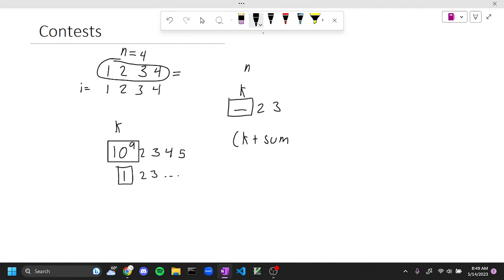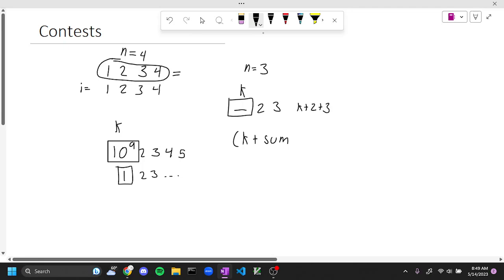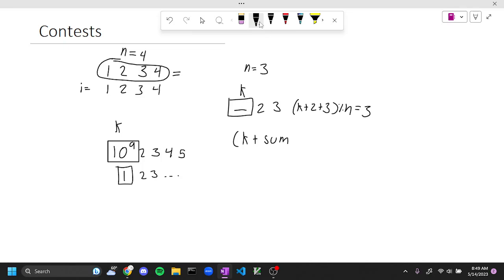For n equal to 3, we know the answer will be k, 2, 3, because 2 is divisible by index 2, 3 is divisible by index 3, and the sum k plus 2 plus 3 must be divisible by n. You just need to find k. So how do we do this?